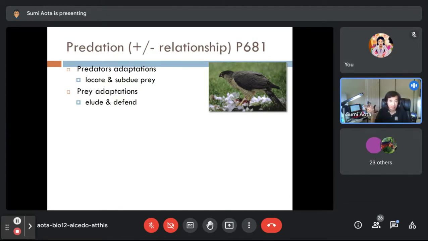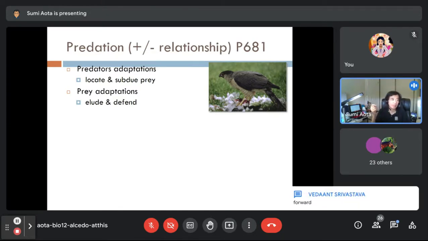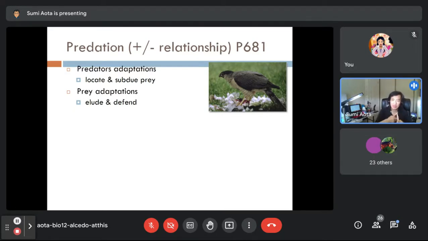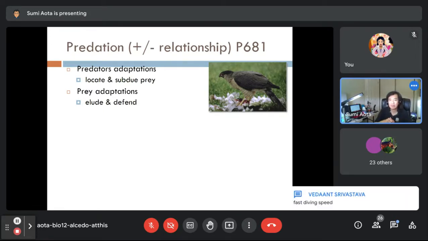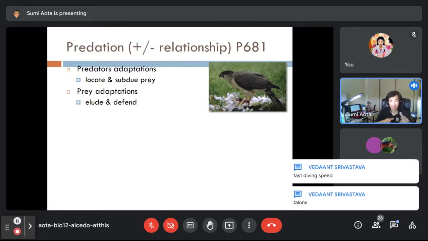Is its eyesight different from that of, say, a moose? Yeah, forward vision. Okay, so the position of the eyeballs is one. What else? What would you find at the feet of this animal? Yeah, fast diving speeds. Yeah, so those are all offensive weapons.